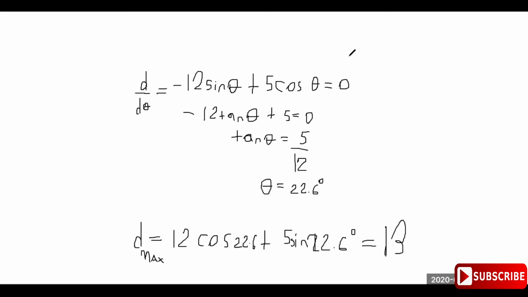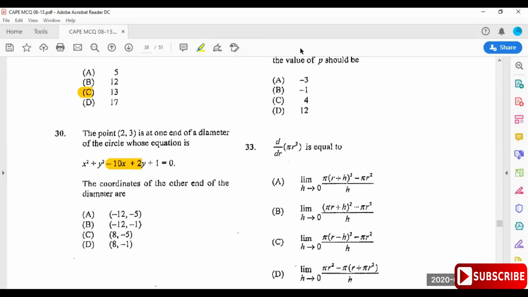If you do it the normal way, you complete the square. That's how I like it done. You group the x terms, take half of the x coefficient and half of the y coefficient. So x squared minus 10x plus 25, y squared plus 2y plus 1, equals 0.